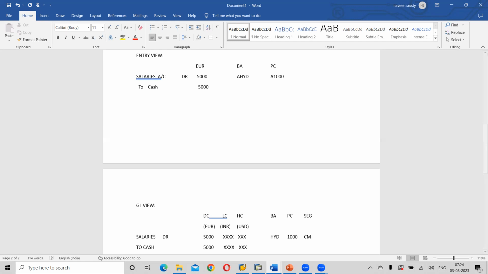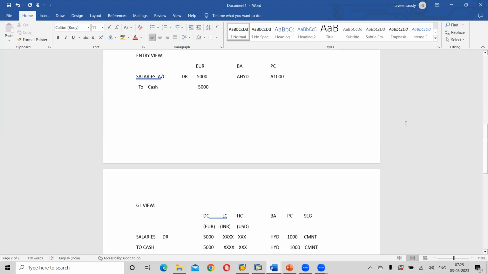That we will see next. Now we have given only the debit line business area details and profit center details. You can see that in new GL accounting it will automatically update from debit to credit, or if you give the details on the credit line, it will update from credit to debit. So Hyderabad, 1000, cement.